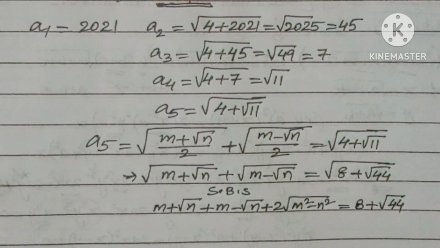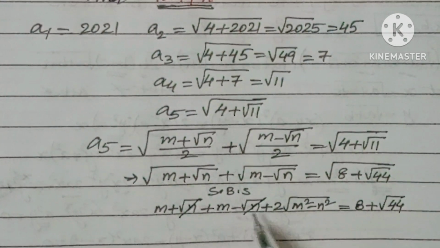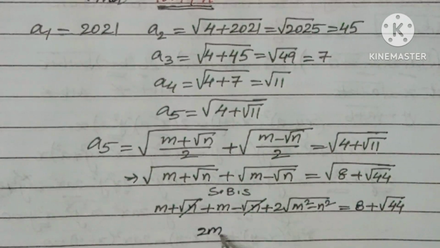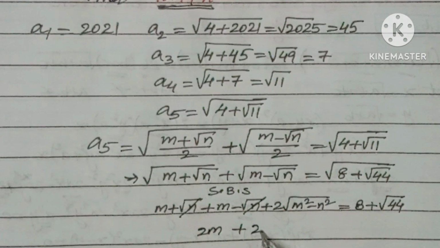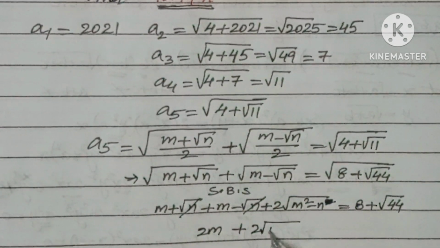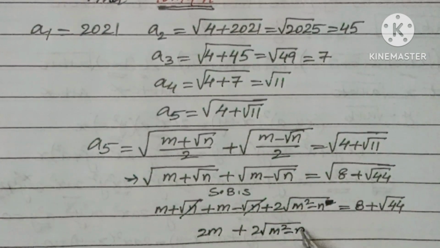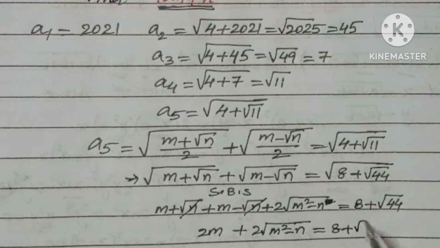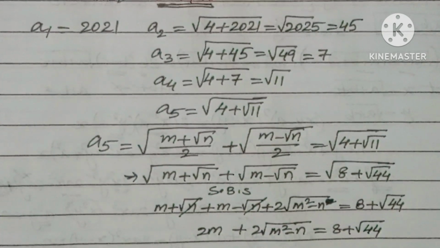Root n cancels. 2m plus 2 root of m square minus n is equal to 8 plus root 44.